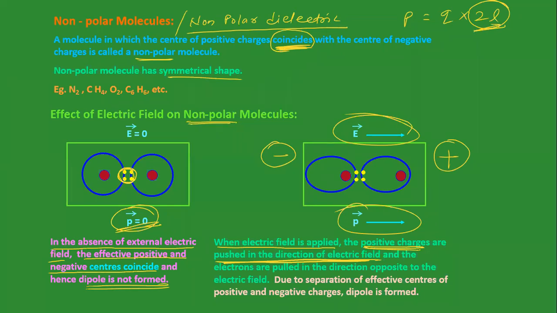Due to separation of the positive charge and negative charge centers, a dipole is formed.